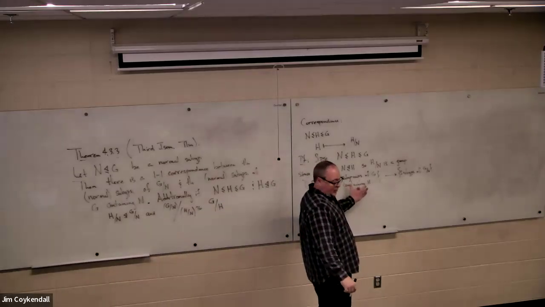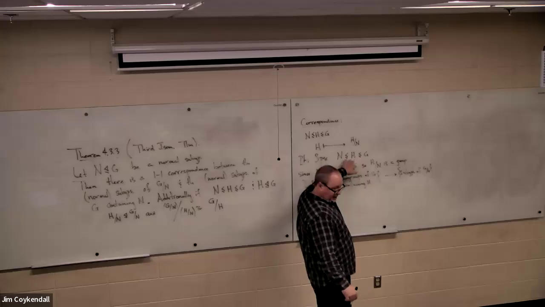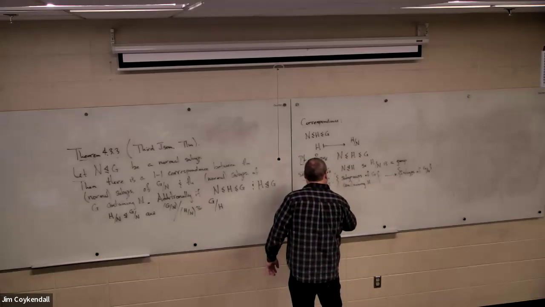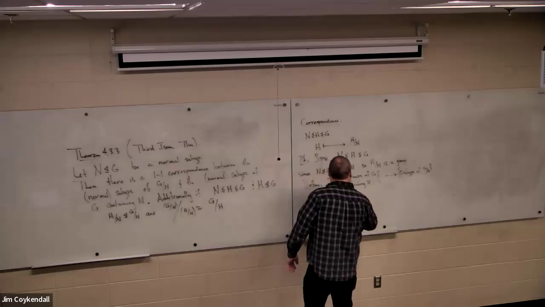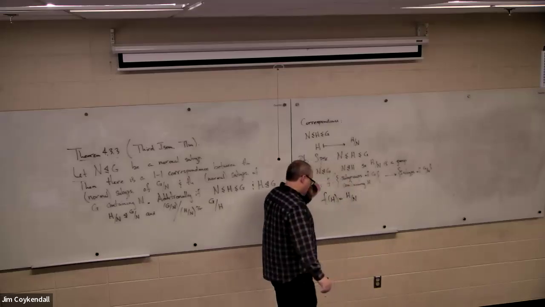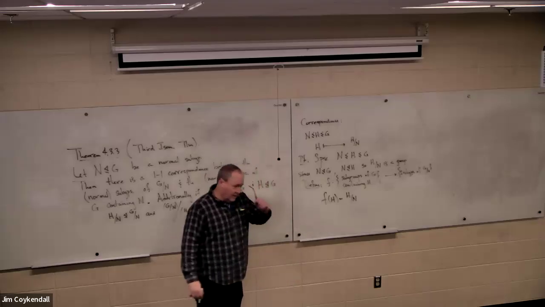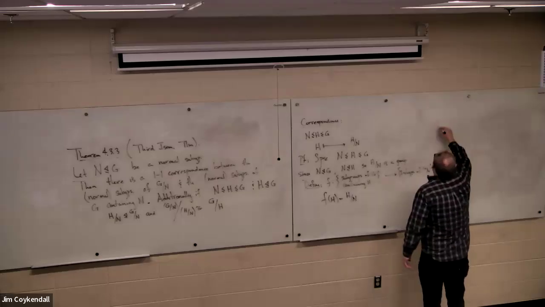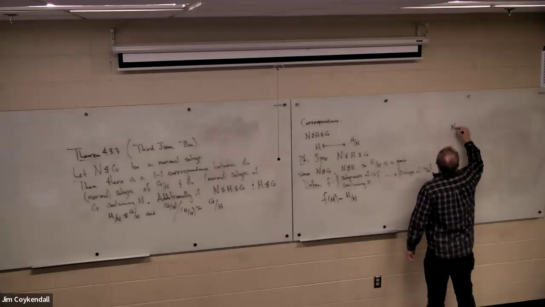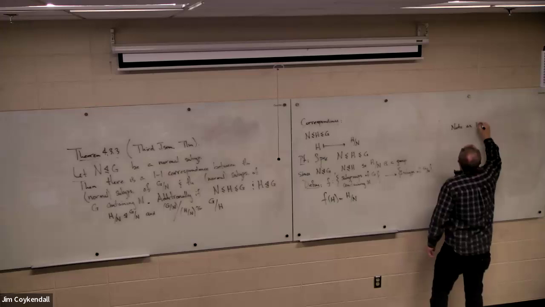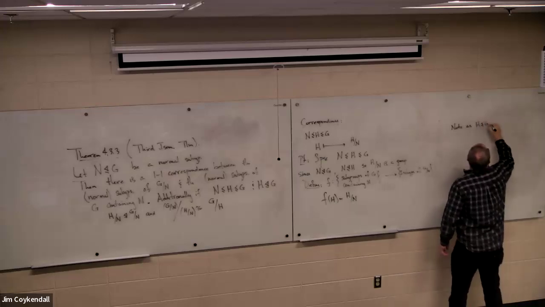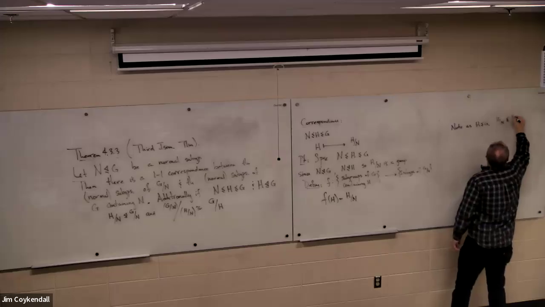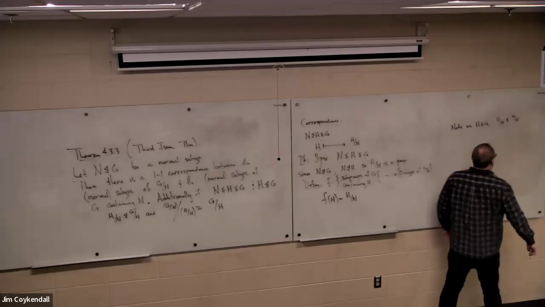My input should be a subgroup of G containing N, like H here. And this is going to be defined this way. This is a subgroup of H mod N. Note, I should make this remark at least: as H is a subgroup of G, H mod N is a subgroup of G mod N.